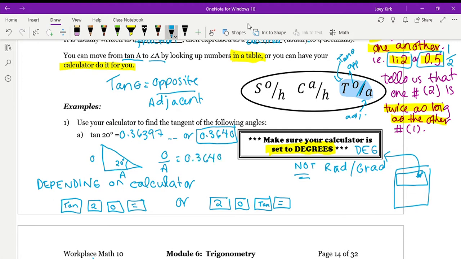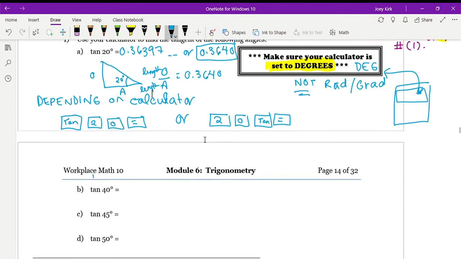All right? And that becomes really important because we can use it to find all sorts of different things. So the ratio between the two side lengths, I just want to make sure that's clear, the length of O over the length of A. All right?